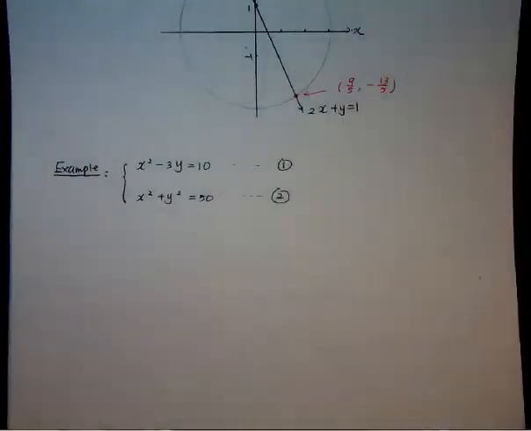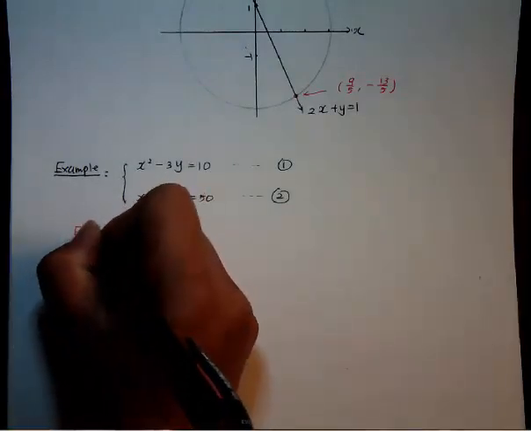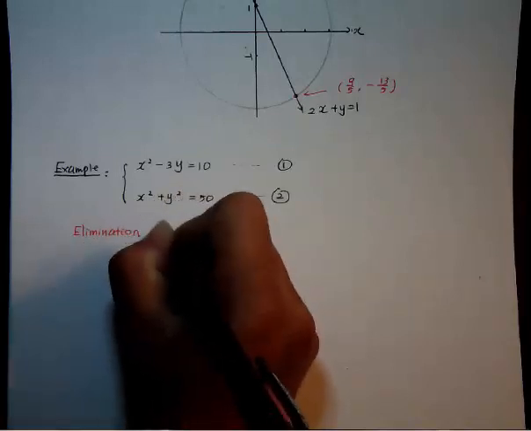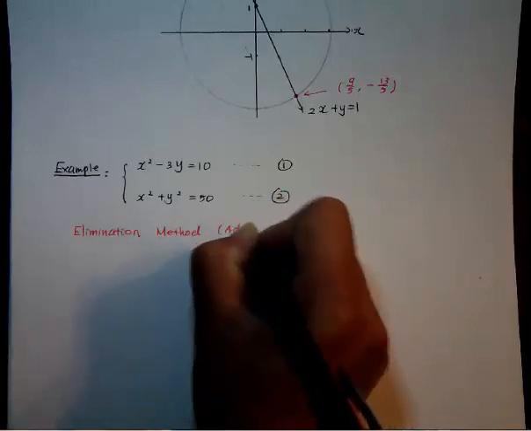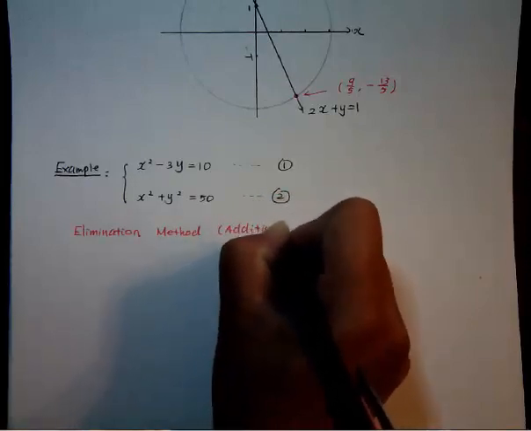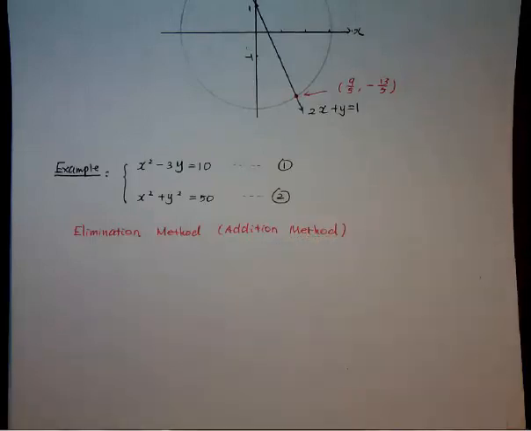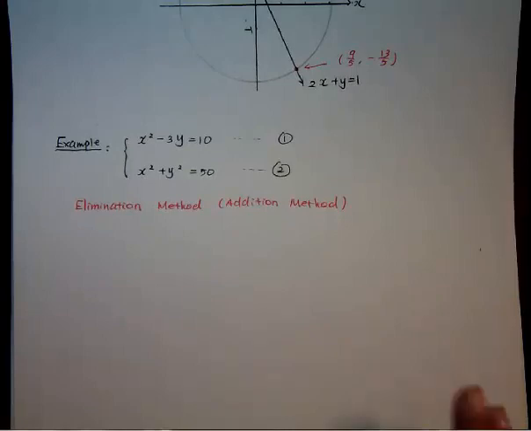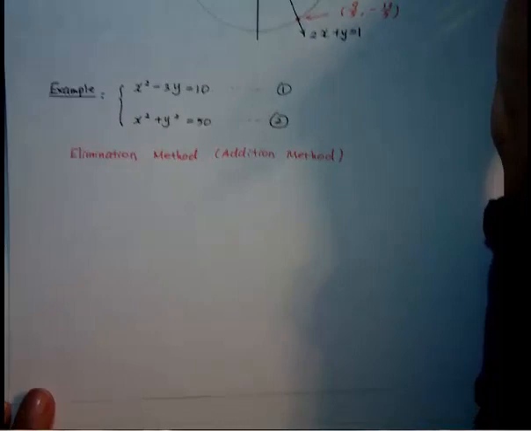Let's take a look. If I use the elimination method, sometimes we call that the addition method. If we choose to use the elimination method, we need to decide which variable we are going to eliminate.